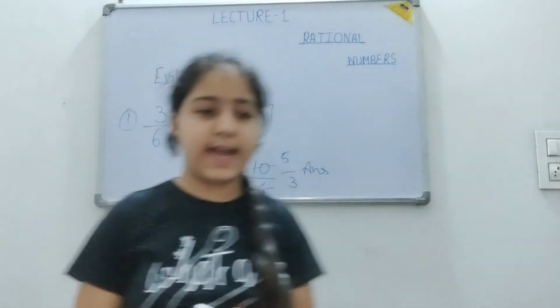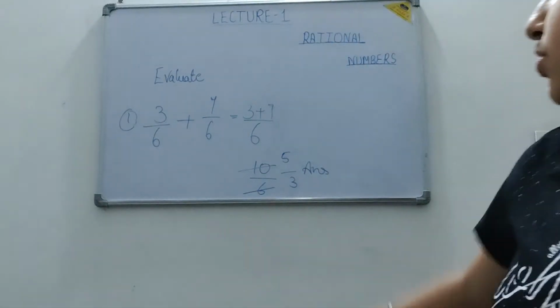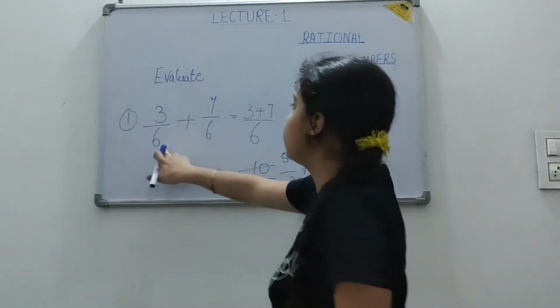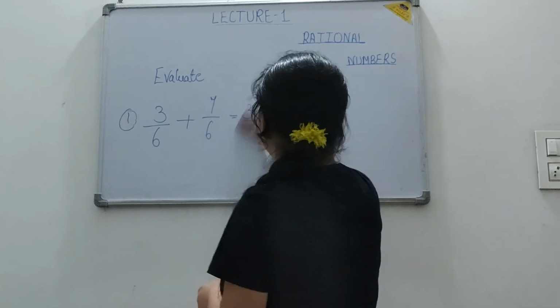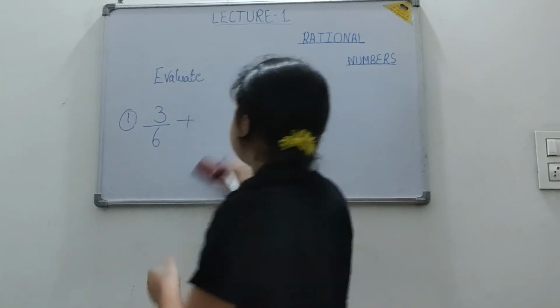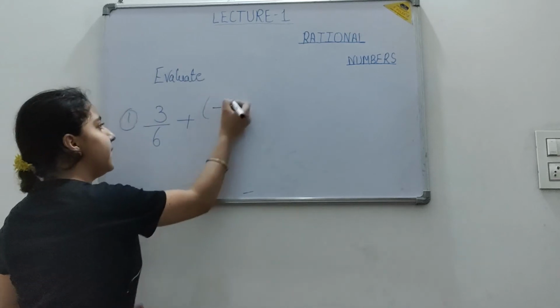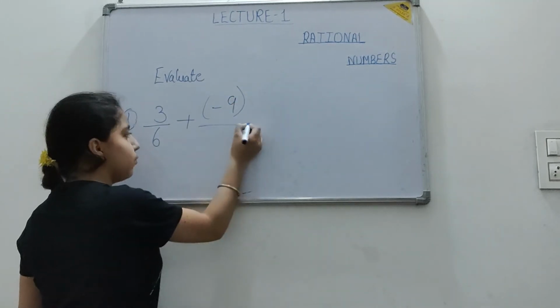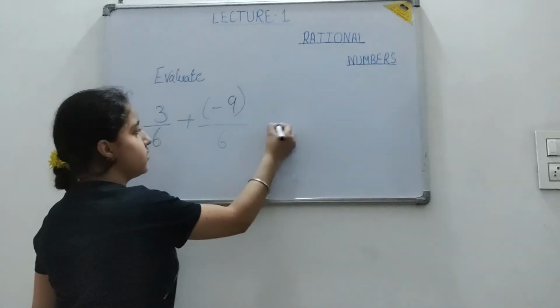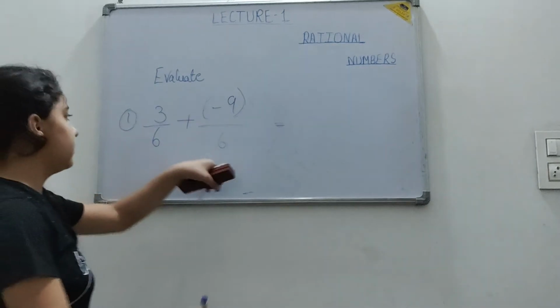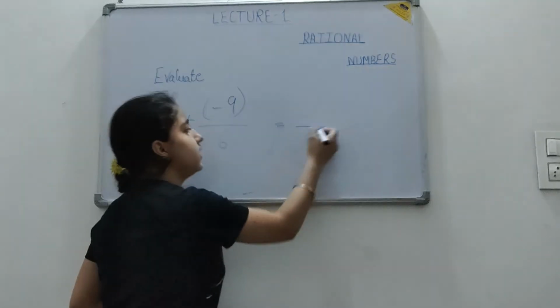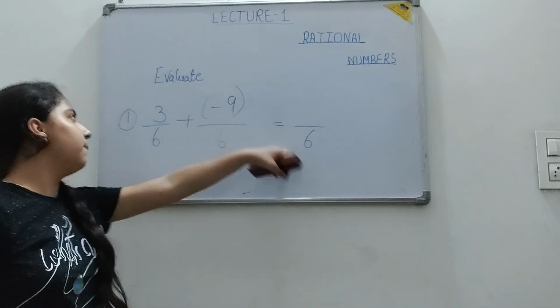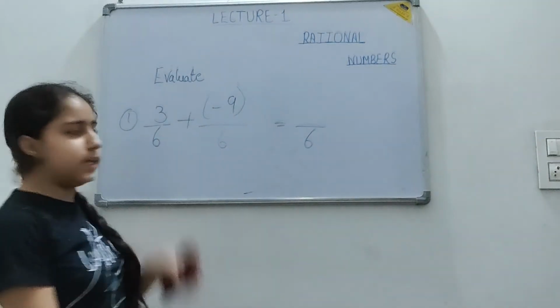Now we are going to look at a sum which is the same, but I am going to have a negative number here. So let's have minus 9 over 6. Here again the denominators are the same, so the denominator will be 6 only. 3 plus minus 9.